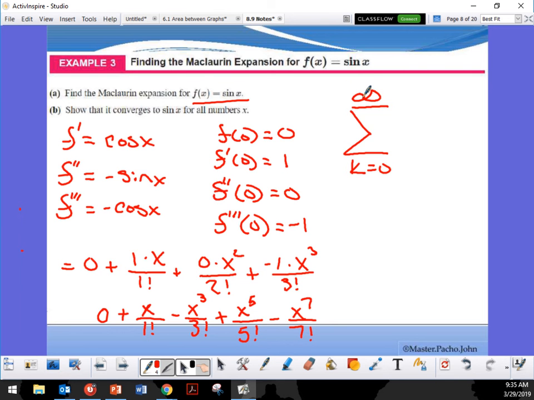So you said negative 1 to the k. It's like alternating. Negative 1 to the k, x to the k over k factorial.